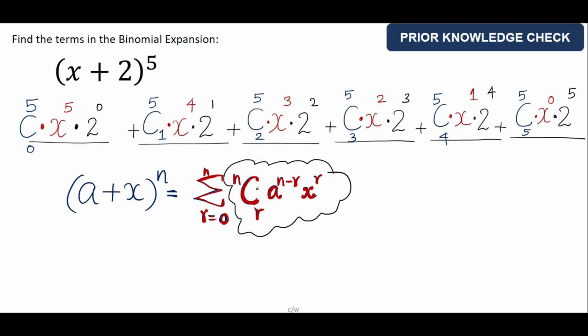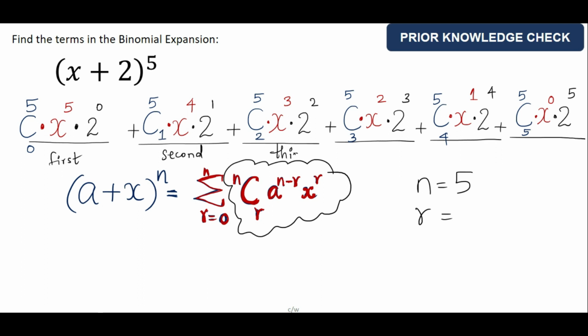Given we have n, or in some cases the r, we have different types of questions under this topic. Now the value of n remains 5 for all the terms, but the value of r for the first term is 0. So this is the first term. For the second term your value for r is 1.